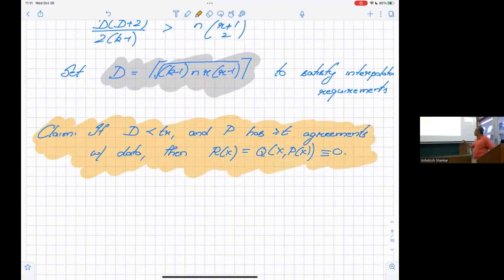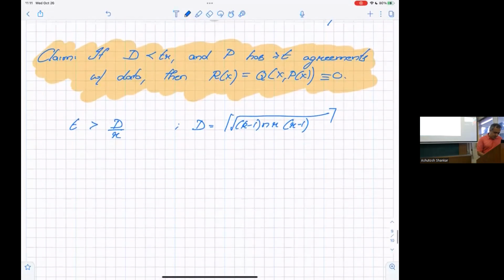Let's first see why this will complete the proof. So I want to choose T to be greater than D by R. That's how small I can make T to be. D itself I have set to be square root of (k minus 1) n r minus 1.